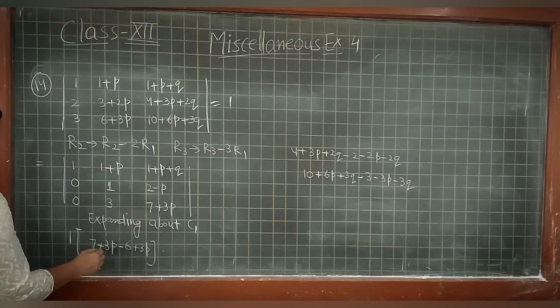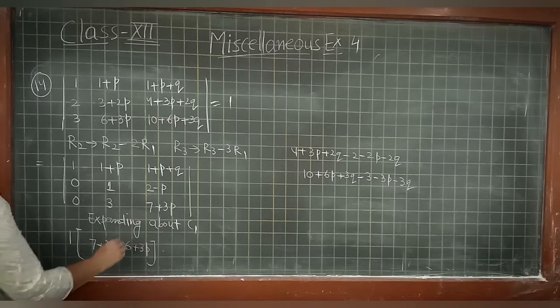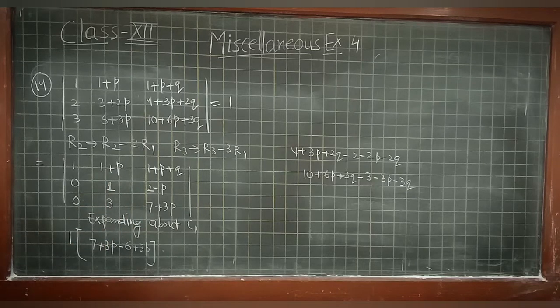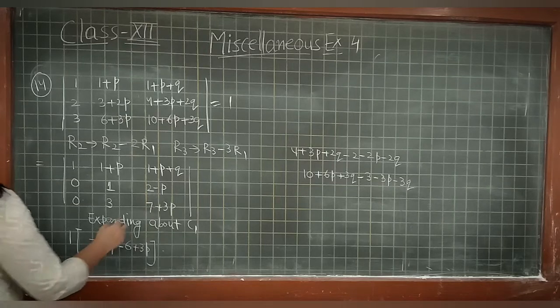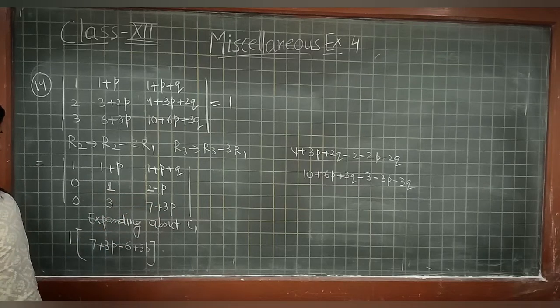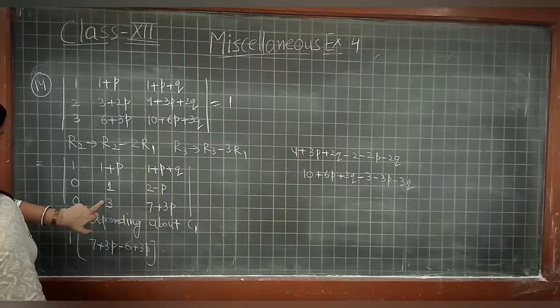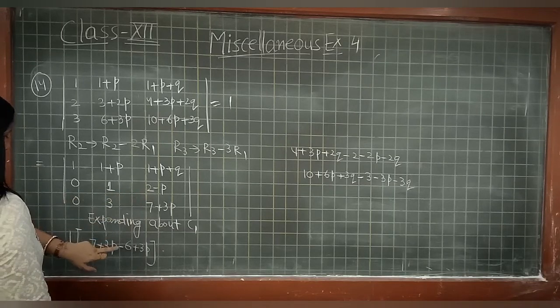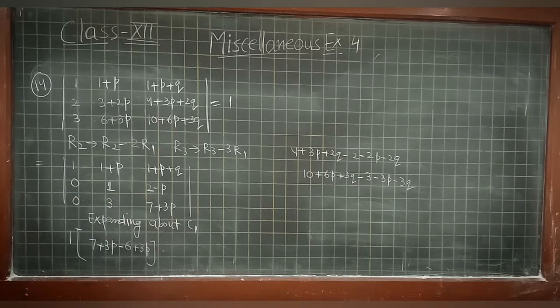So now this is equal to 1, and maybe we are making some mistake in the sign. We will check again. So here we have 7, 3P, 3Q. Okay. Then we have 1 into 7 plus 3P minus 3 into this 2 minus P. So that will be plus 3P. But in the answer we are getting this.